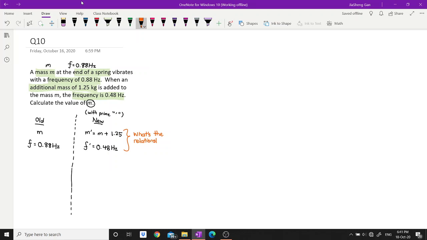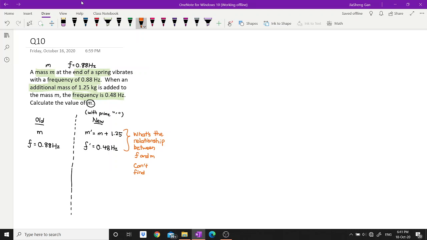Because you want to find M from F, right? So you have to find the relationship between F and M. You might be flipping to your formula sheet right now to find any equation which relates F and M, and I believe you can't find anything.